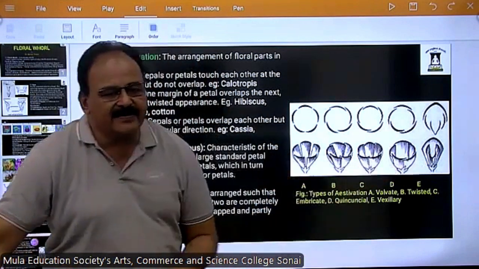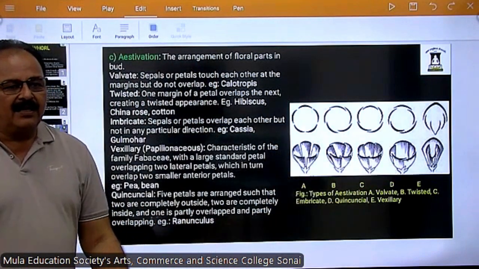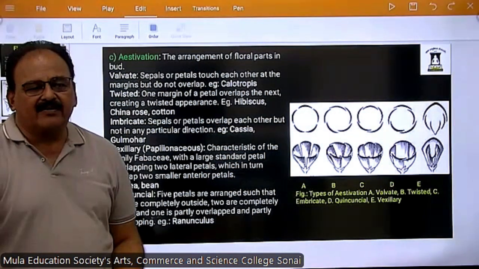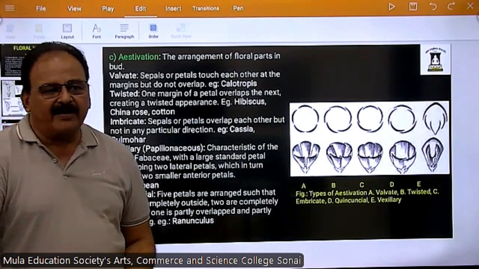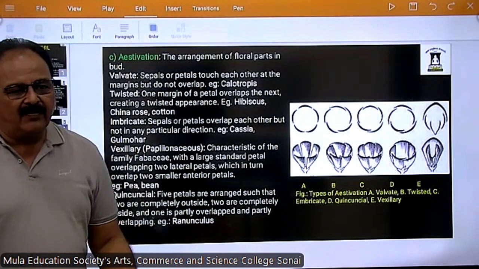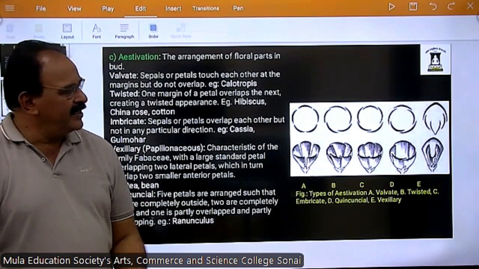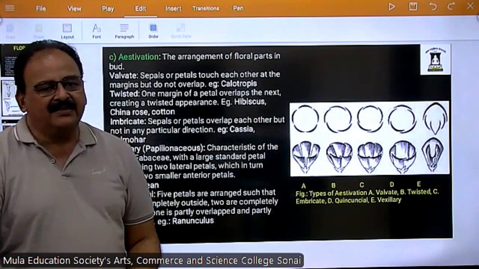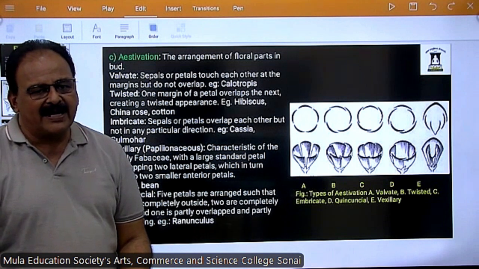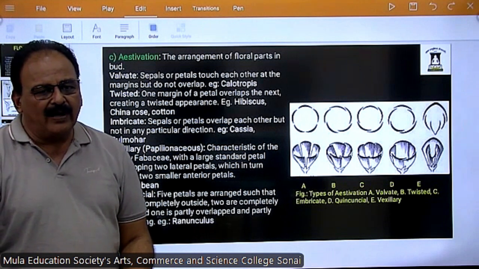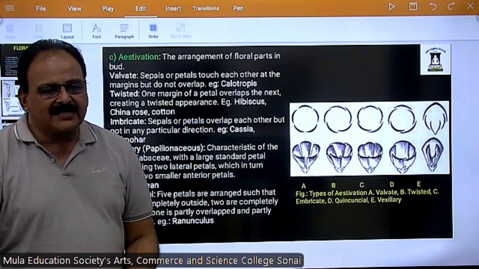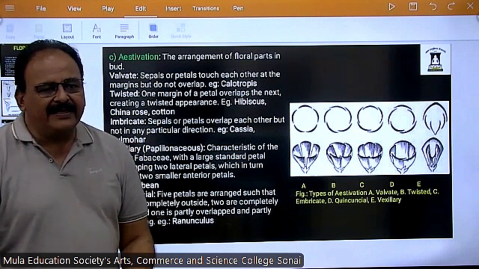This is vexillary aestivation. It is a particular example of family Papilionaceae, characteristic of the family Fabaceae or Papilionaceae, with a large standard, the outermost and large petal, and two lateral wings which are overlapped by the standard, and these wings overlap two small petals, which are called the keel.